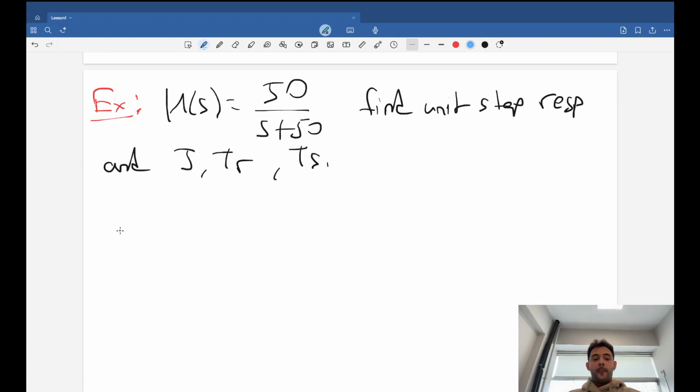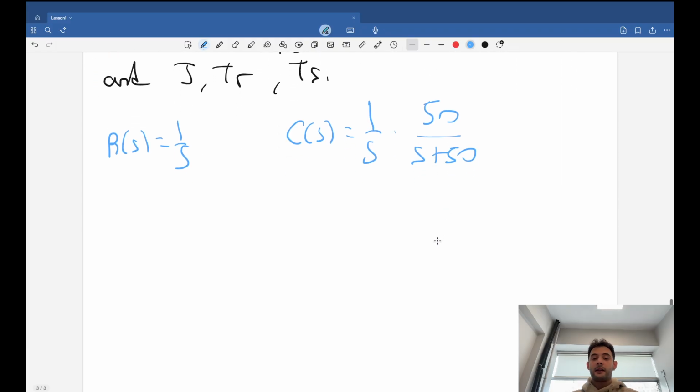Let's move on. So we are given a unit step response, so R(s) is going to be 1 over s, and H(s) is given, so I can say C(s) equals 1 over s times 50 over s plus 50. Let's break it down by means of partial fraction expansion, and I write down a over s plus b over s plus 50 is going to be 50 over s times s plus 50.